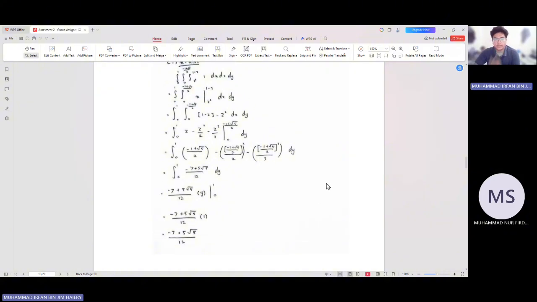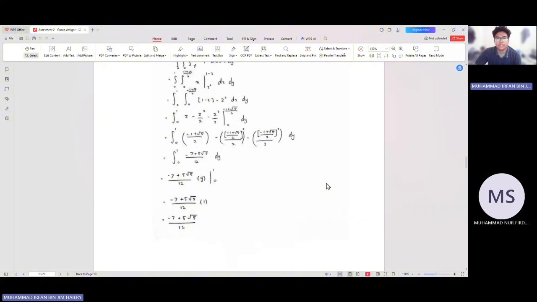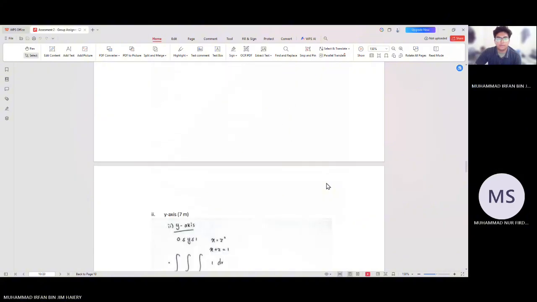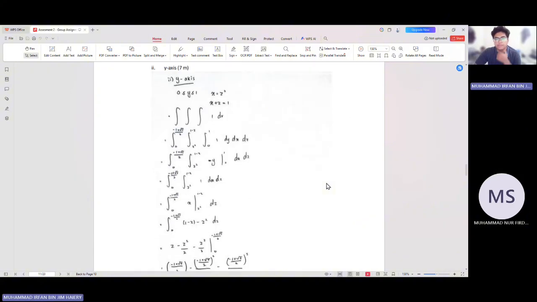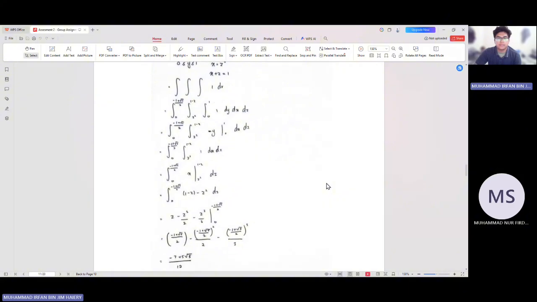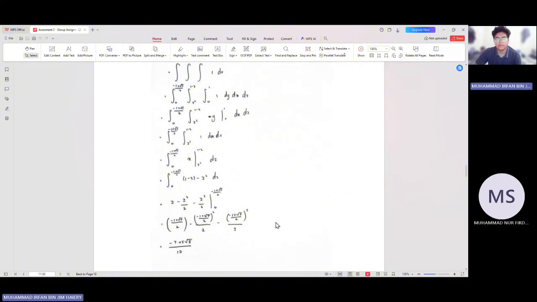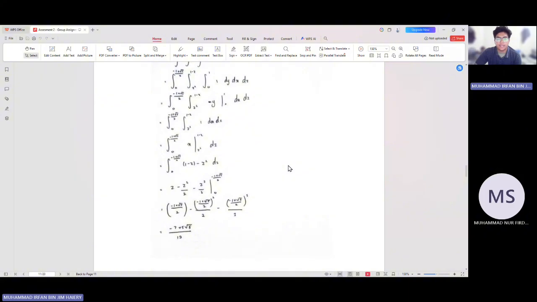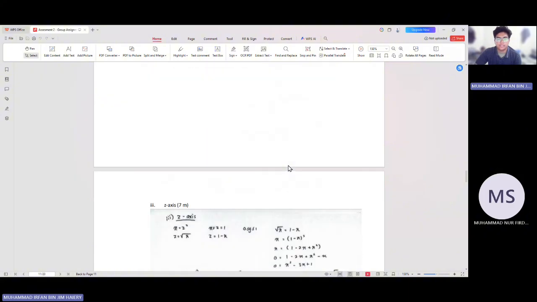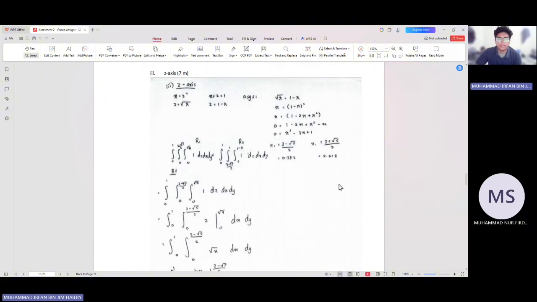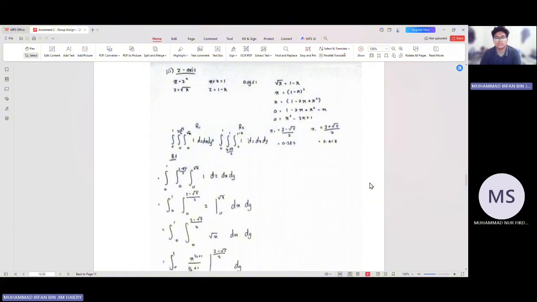If we use the correct equation for x, y, we will get the same answer. For the z-axis, we make two areas, which are R1 and R2.